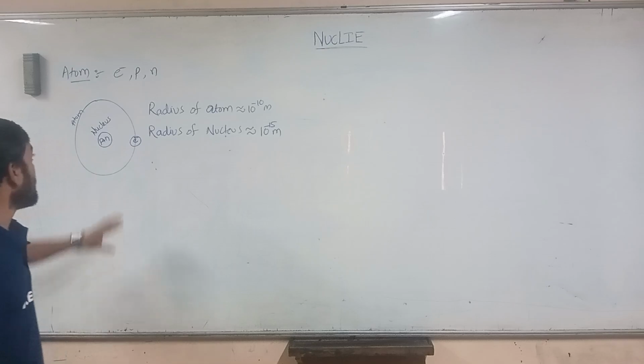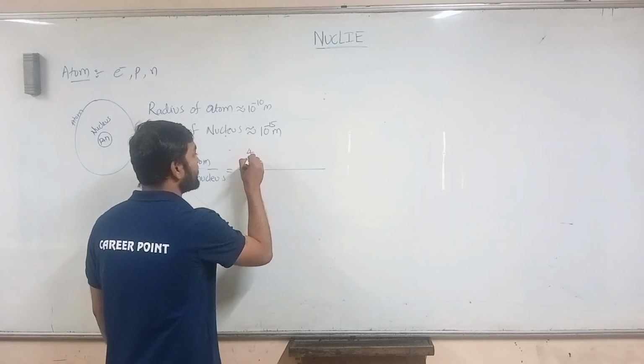Let us see the volume of the atom to the volume of the nucleus. Generally we consider the atom in the shape of a sphere, and the nucleus also has a spherical shape.